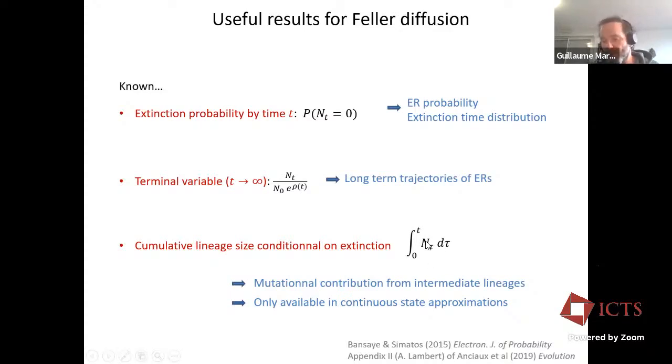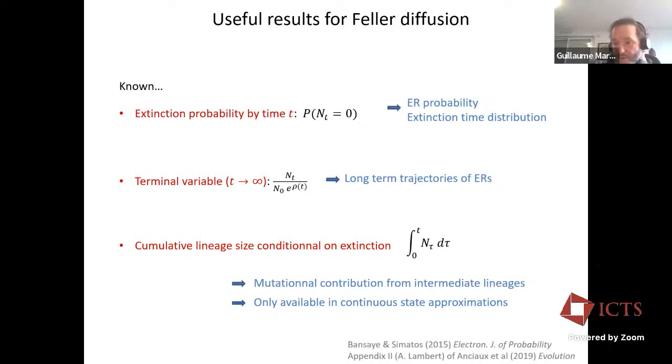You can see it makes almost no difference to consider exponential decay all the way to death versus the true stochastic cumulative number. But for the spring-born mutant, for the two-step mutant, it's very important to have this. And this is only available in the continuous time, continuous state approximation, I think. So not in the birth-death.